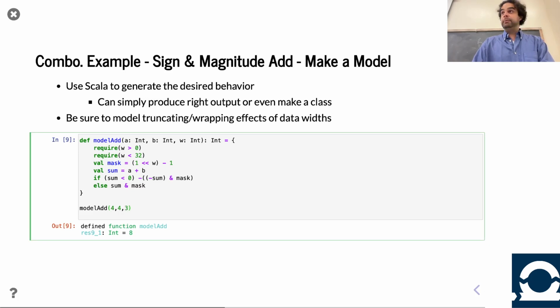If you made this 3 bits, for example, it gives 0, right? Because you can't fit 8 in 3 bits. If I made this a little bit smaller, it's 7, it does fit. So this model is reproducing the truncation behavior. But big picture, this model, given A and B and the width, reproduces the number, and it has some constraints on the width.